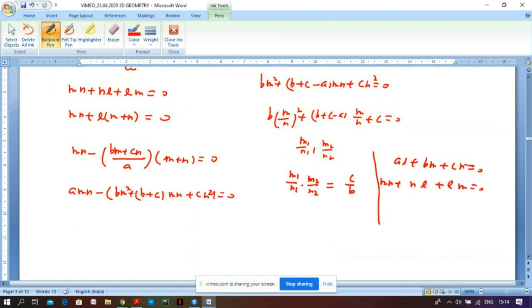You are getting m1 m2 over B. So this is C is coming and B is appearing.